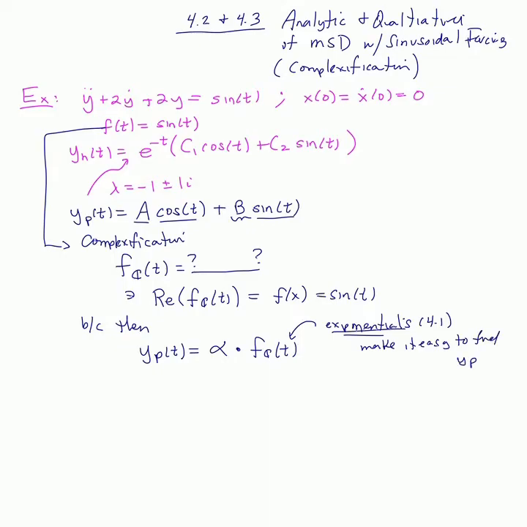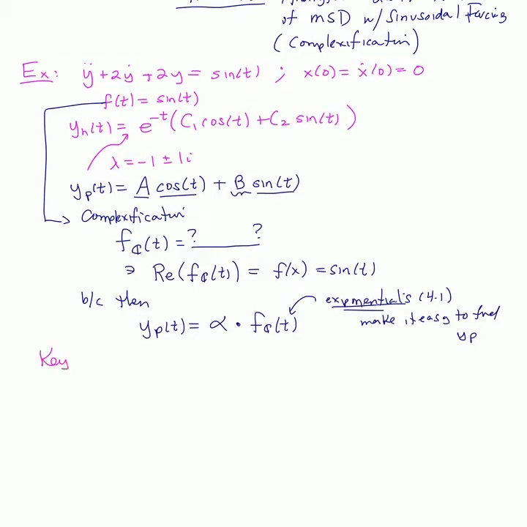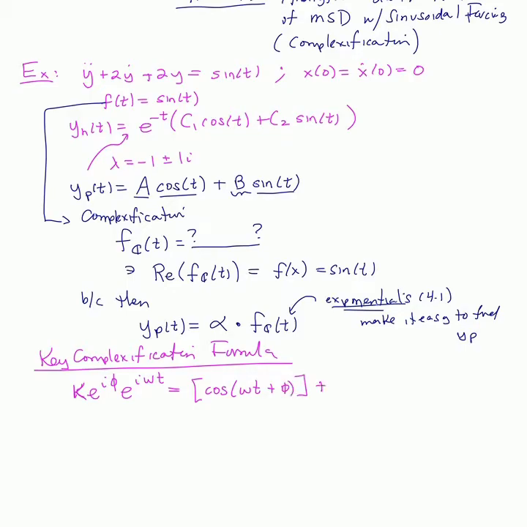So what we need to remember is a formula that we developed in class the other day, the key complexification formula. If you have a constant k, e to the i phi, e to the i omega t, that turns into k cosine of omega t plus phi, plus i times k sine of omega t plus phi.